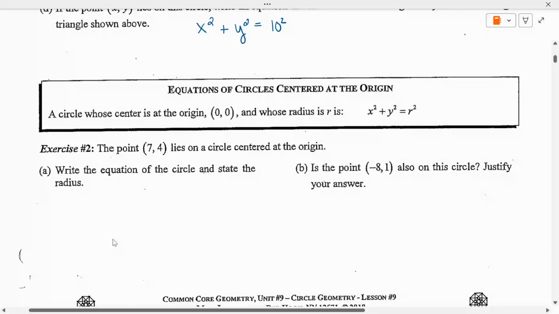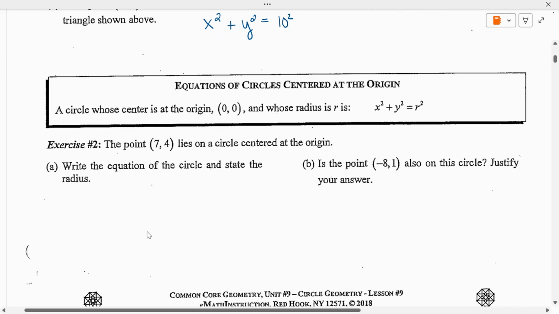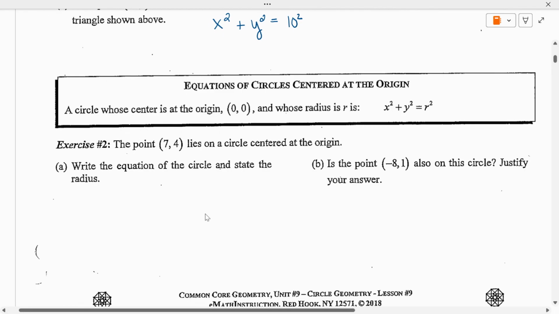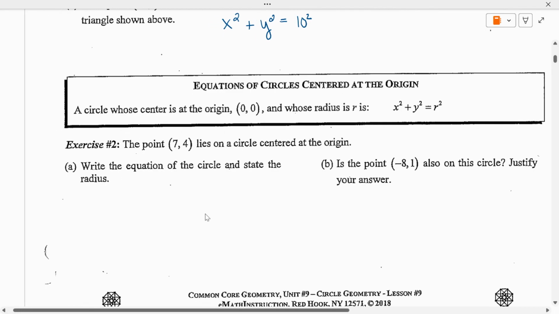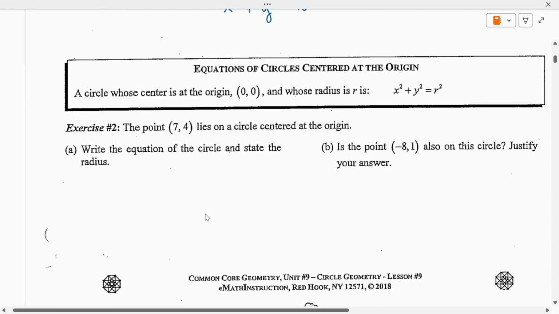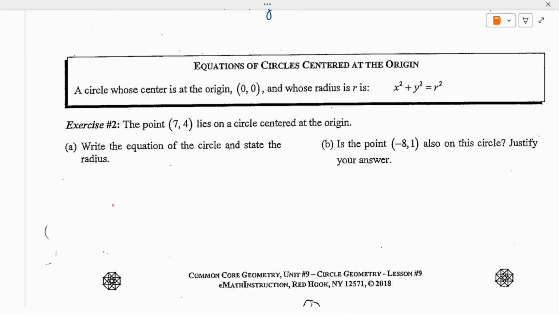Sorry. Okay, so a circle whose center is at the origin and whose radius is r can be written like this. X squared plus y squared equals r squared. The point 7, 4 lies on a circle centered at the origin. So that means this is 7 and this is 4.